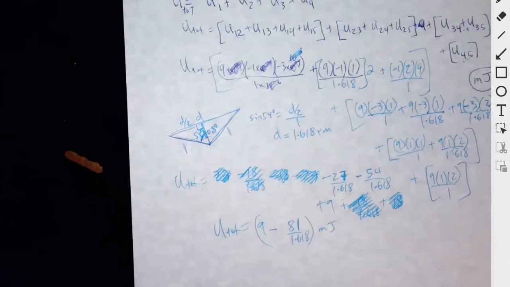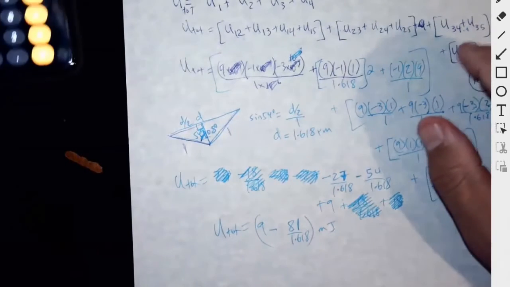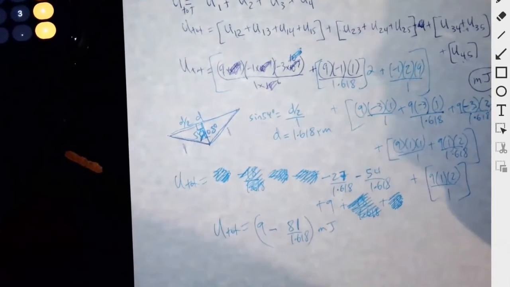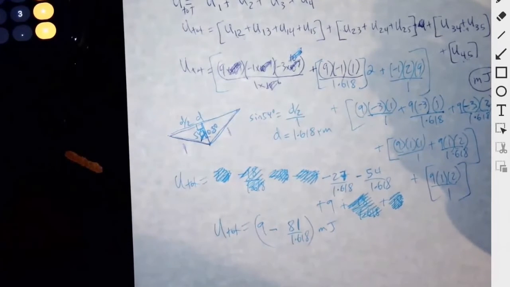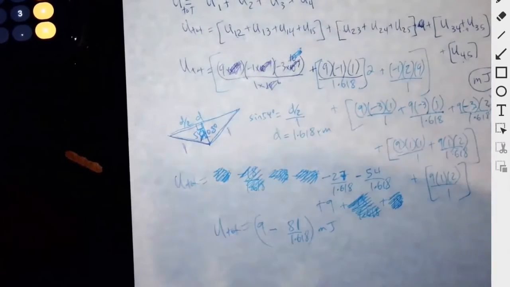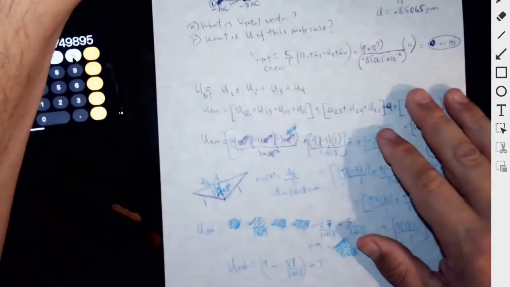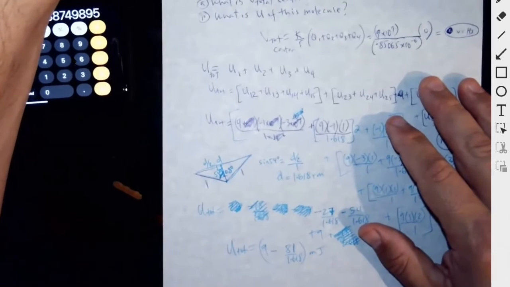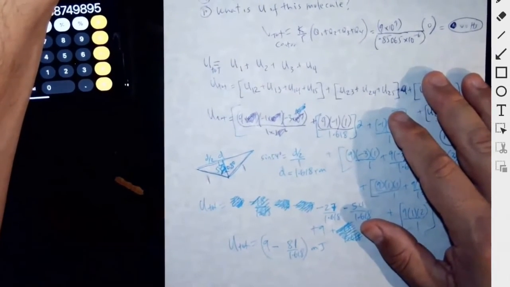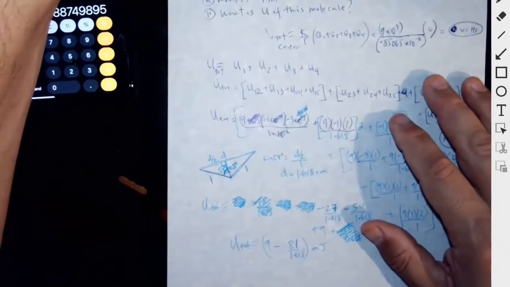So as you can see, just because the total charge of the system was, that's kind of weird, right? The total charge of the system was 0. The net charge of the molecule, at least from that point of view, was 0, but the molecule still had energy. It's kind of interesting that it worked out that way.